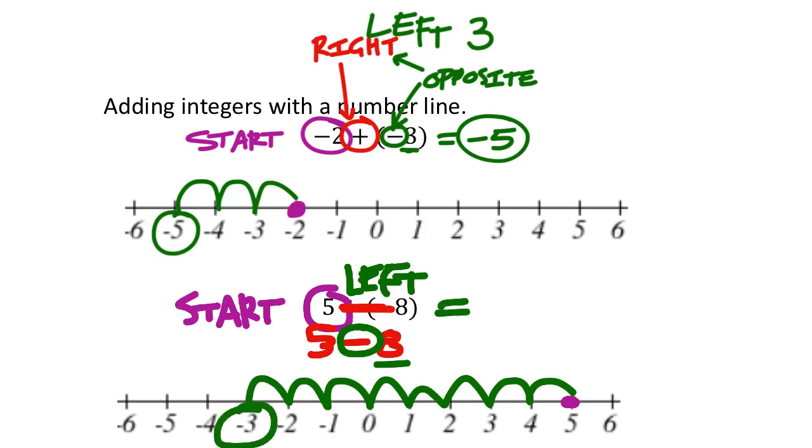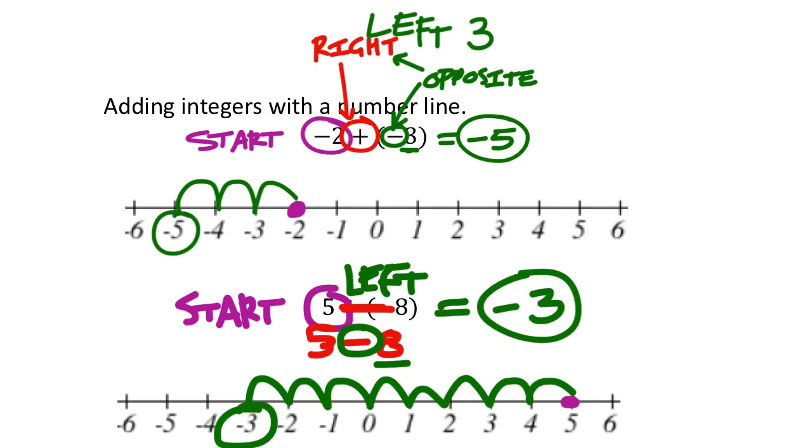So the final evaluation for this one, bam, -3. So that is how you use number lines to add with integers. We even kind of showed with the 5 minus 8 that adding negatives is the same thing as subtracting. So if you feel more comfortable showing it as subtraction, feel free to do so.